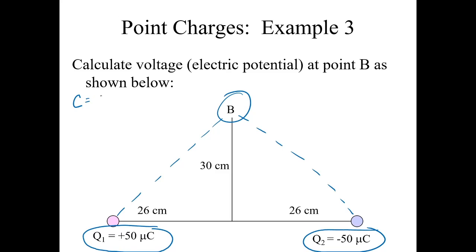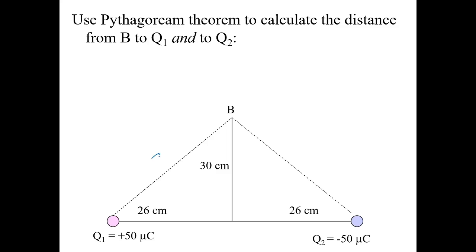That distance, we'll call it c for now, would be the square root of 26 squared plus 30 squared. All we're doing is using good old Pythagorean theorem, and I'm getting 39.7 centimeters. I have it on the next slide here. Did I leave a blank slide to write on? Yeah, I did. Maybe we can even put it on here.